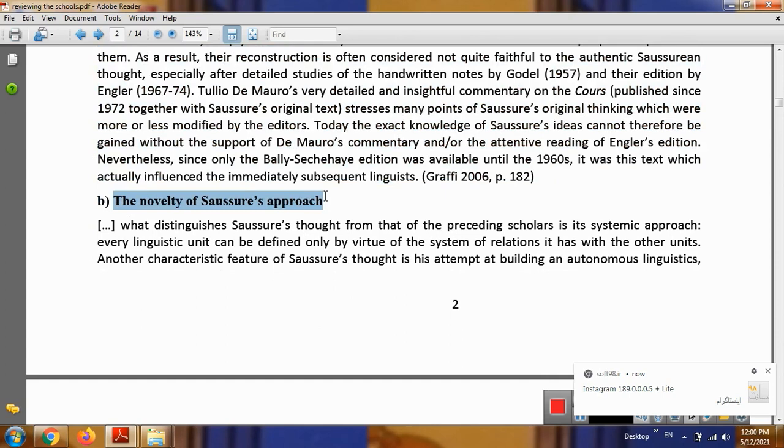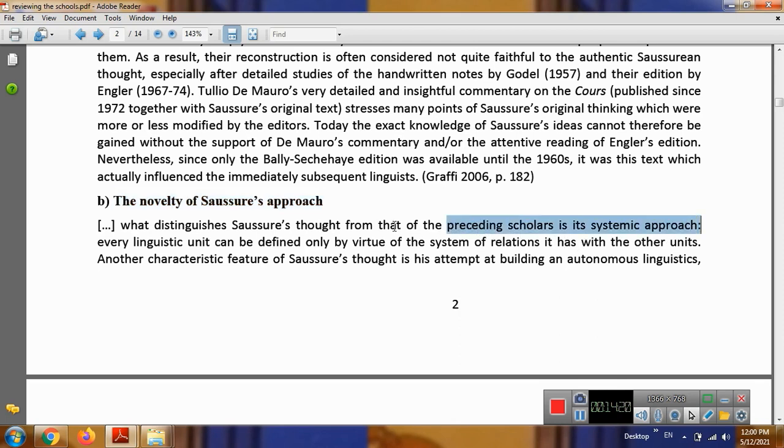The novelty of Saussure's approach. What distinguishes Saussure's thought from that of the preceding scholars is its systematic approach. Every linguistic unit can be defined only by virtue of the system of relations it has with the other units.